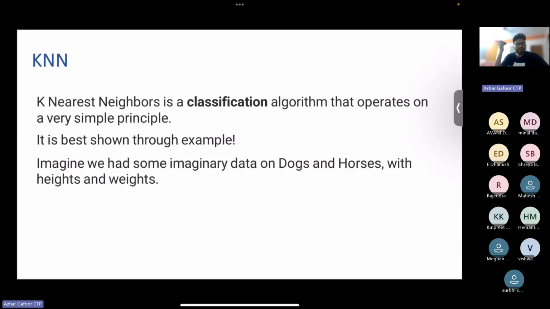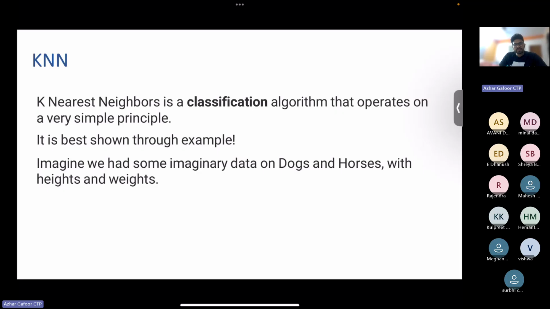K nearest neighbor is a classification algorithm. It's also a supervised machine learning algorithm. Even though it is mainly used for classification purposes, it can be used for regression tasks also. So if somebody asks whether K nearest neighbor can be used for regression, you have to say that it can be used for regression also.